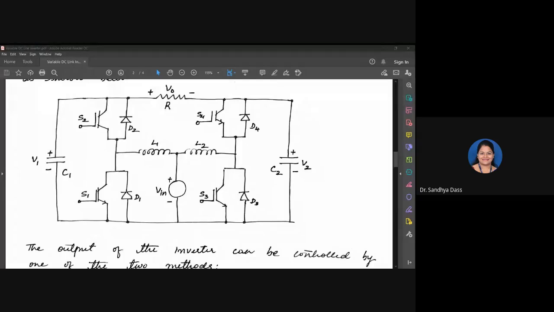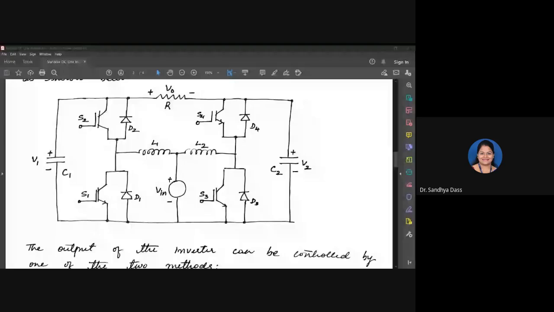You have already answered, right? So in variable DC link inverter, to control the output voltage, we are varying the level of the DC input signal, by keeping the width of the pulses constant.